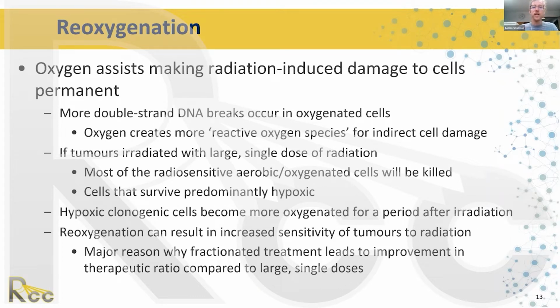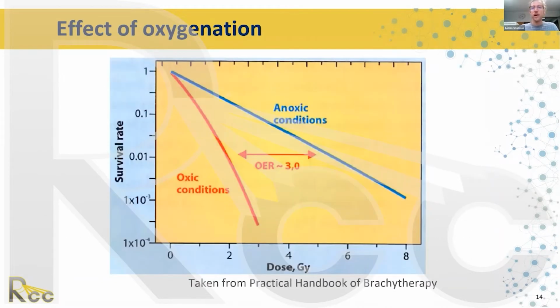So if you begin to fractionate, you begin to slowly destroy these tumor cells and create more blood flow, and that means more oxygen. You're reoxygenating the tumor through fractionation, which makes the tumor cells more radiation sensitive. Again, there's a really big difference between oxic conditions, where the tumor has lots of oxygen, versus anoxic conditions, where the tumor doesn't have much oxygen.